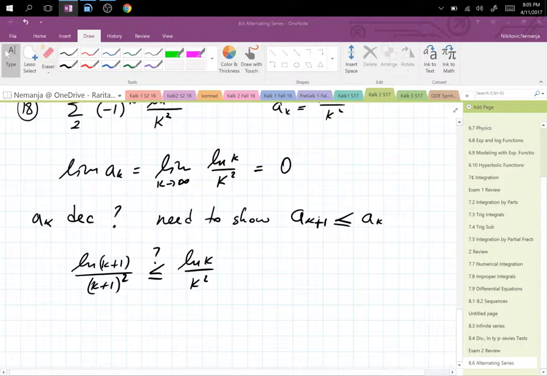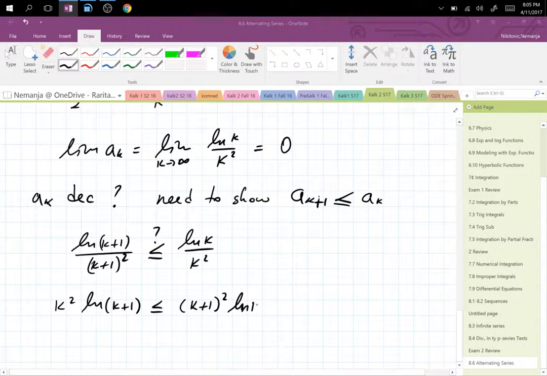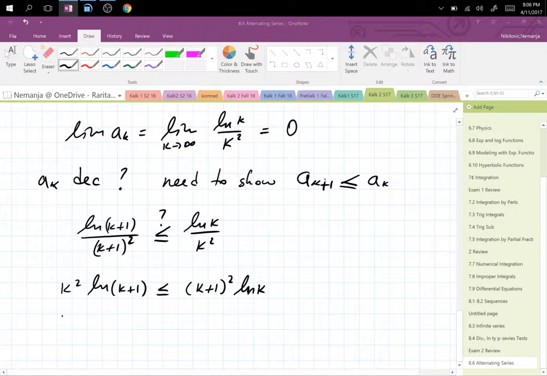Now I'll show you another way. If this one doesn't pan out, we have another way. So cross multiply, you get k squared ln of (k plus 1) should be smaller than (k plus 1) squared ln k. Now this side is k squared ln of (k plus 1).